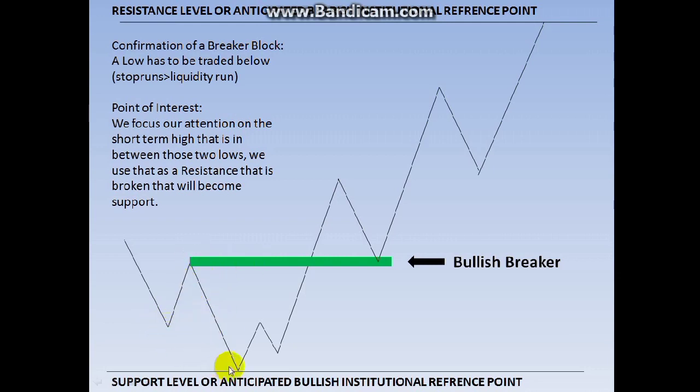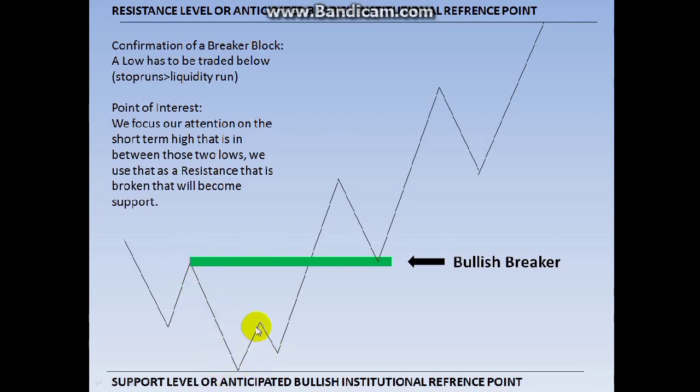So we have these two lows, and between them we have this particular high, the short-term high that broke the structure to the downside. And as you can see, price reached our support level. So our point of focus will be on this high. We wait until price takes out this high.